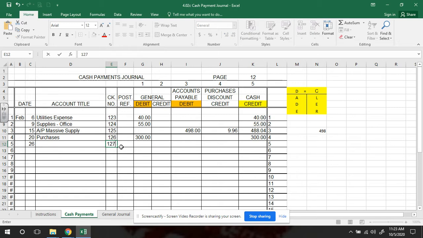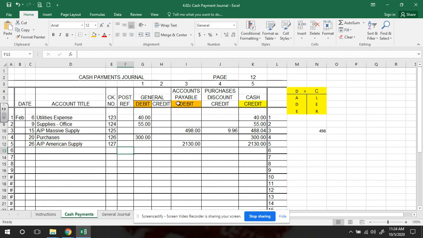So my check is 127. This is an accounts payable. It tells you so. Who do we write this to? This is an accounts payable, American Supply.